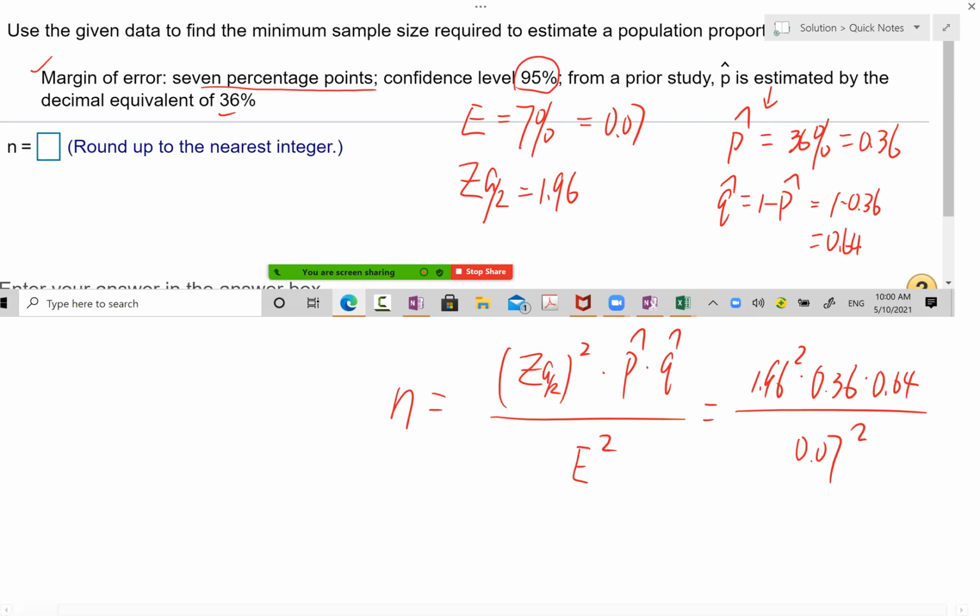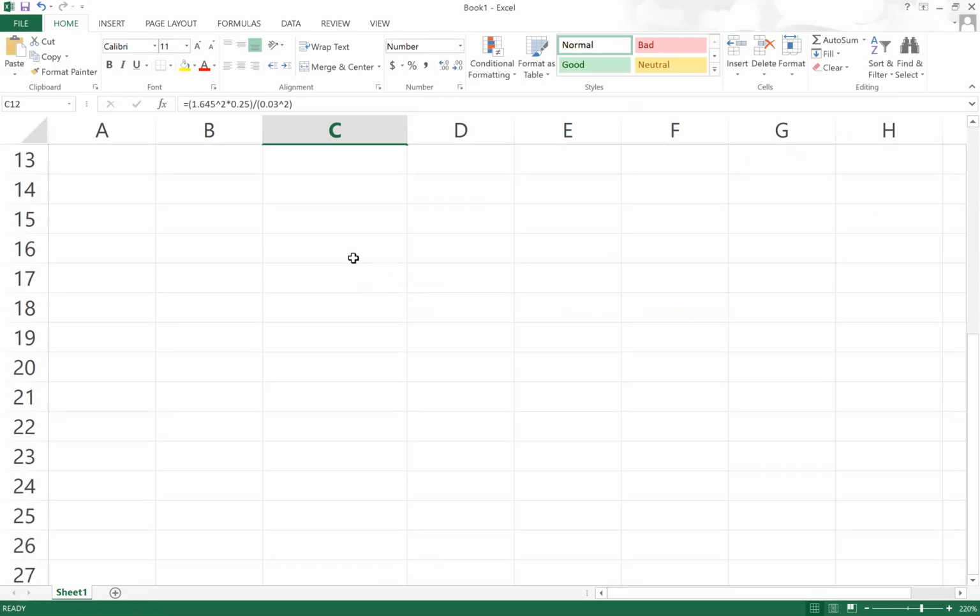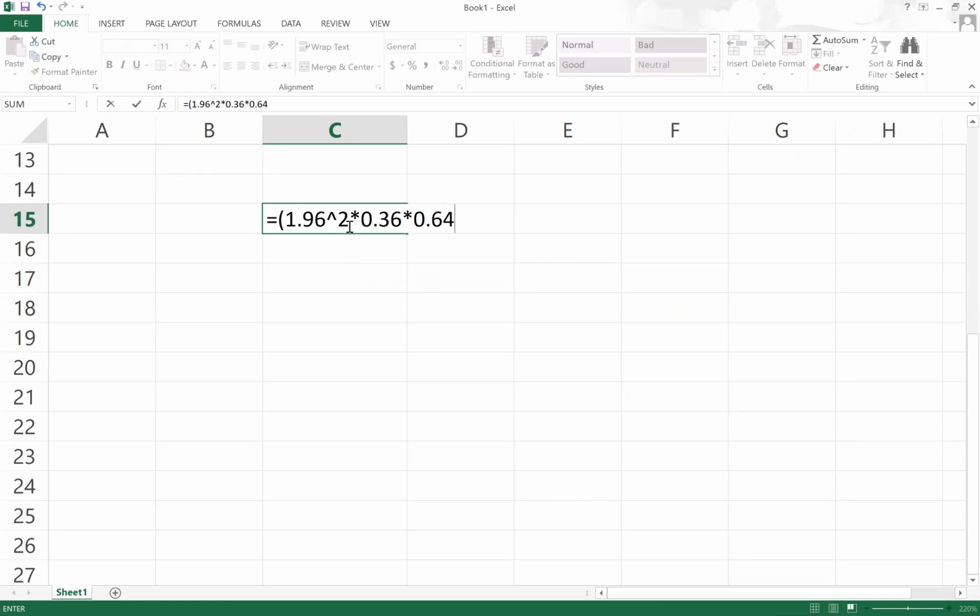So now one more time, we want to put it into Excel, get the result. Okay, here we go. 1.96 square times 0.36 times 0.64. That's numerator divided by denominator, 0.07 square. Now we'll do it. Okay. And if you enter, that gives us a result.